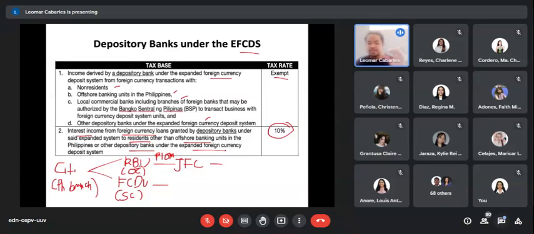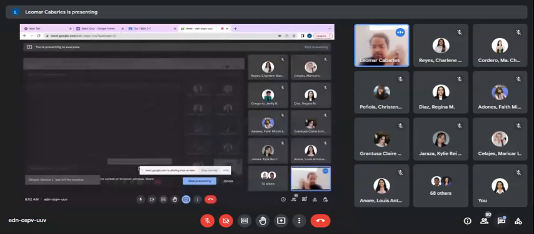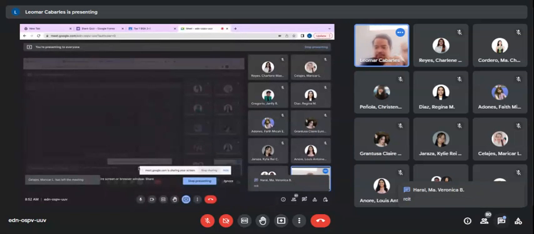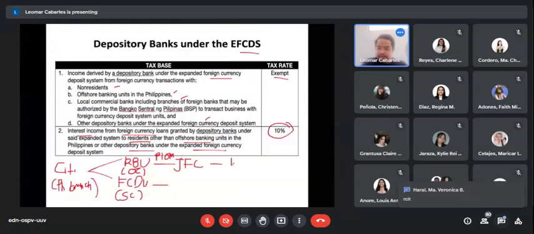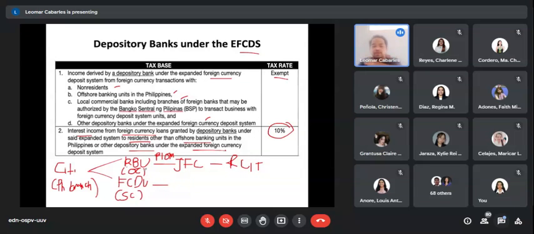Ang income dyan ni Citibank, subject to what tax? Very good. This is subject to RCIT. Kasi the RBU is a regular banking unit considered as ordinary corp. Okay? Ordinary yan, no? Ang special kasi is the FCDU, not the ordinary, not the regular, no?